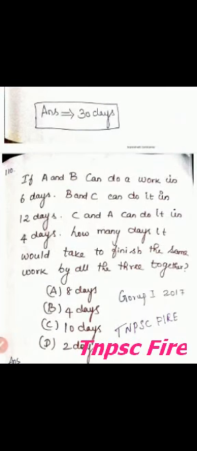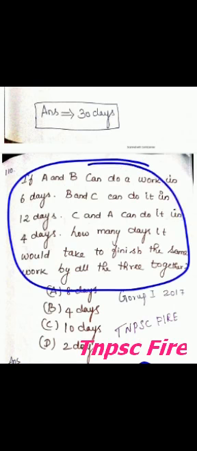Use the same tricks I taught you for this problem. Whatever they change, if they give B and A and C, or C and A, for this method you use the same tricks I taught you here.